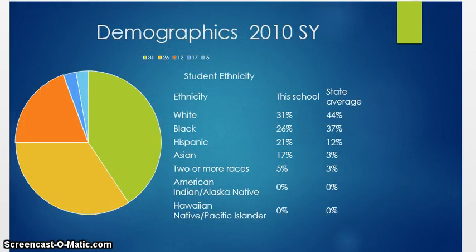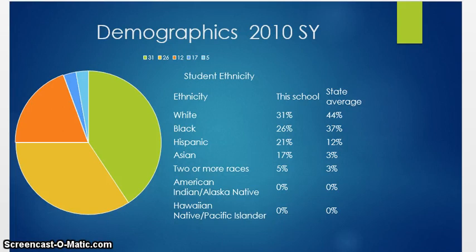Our demographic breakdown for students in our school is broken into white, black, Hispanic, Asian, two or more races, and American Indian, Alaskan, Pacific Islander. Now, we have our school and our state average being compared, with the average of white being 44%, and we are about 13% below that.